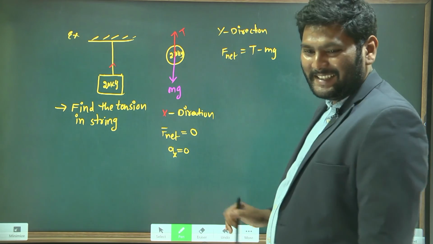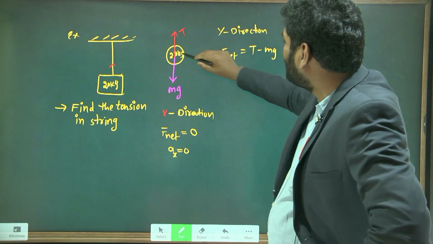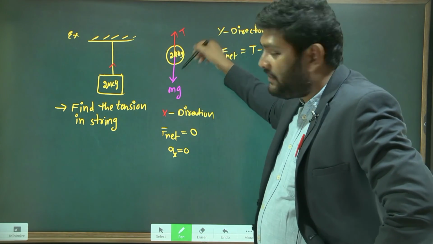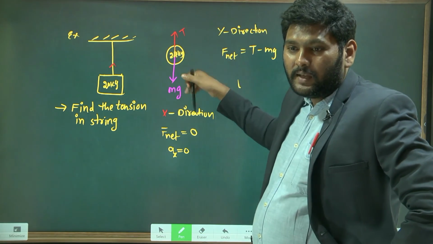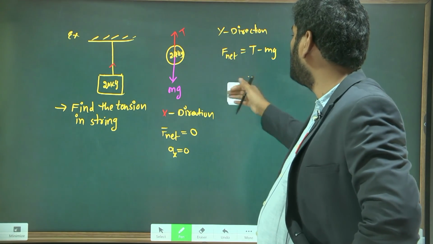Why minus? Because tension is acting in the upward direction, which is the positive direction, and the gravitational force is acting in the negative direction, which is downward. So totally T minus mg.